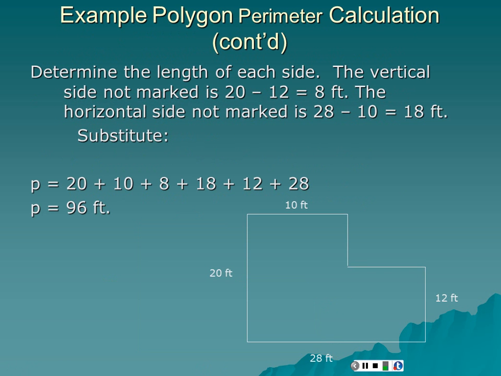Now, once we know all the sides, calculating the perimeter is simple. We just add all the sides. And you can see here all the sides are in feet. We added all the sides and the total is 96 feet, and that's it. That's the calculated perimeter we have for this floor plan.